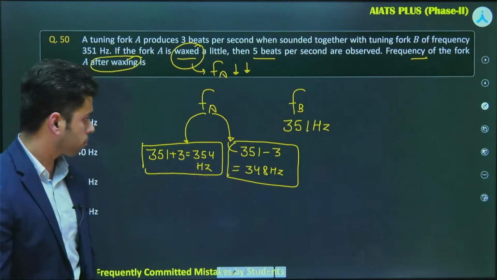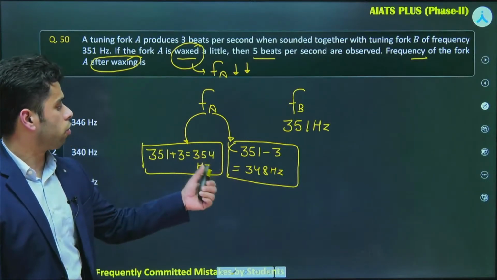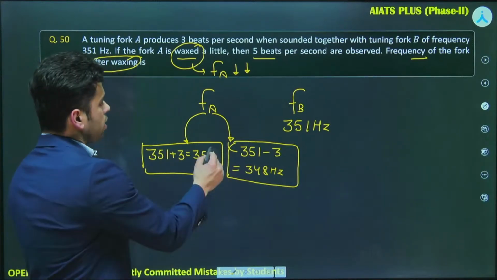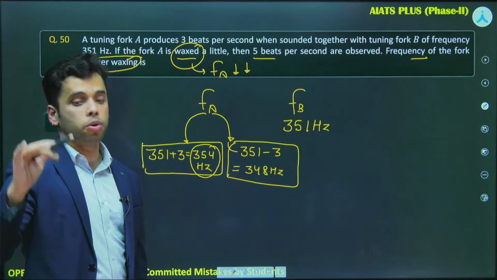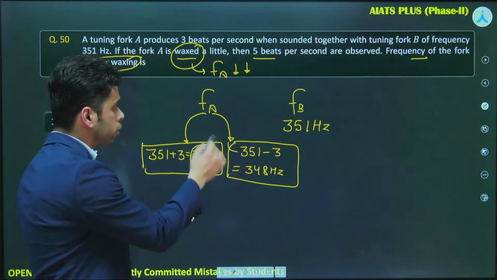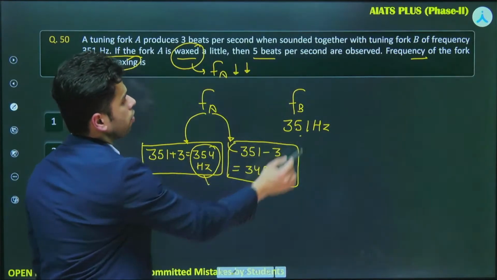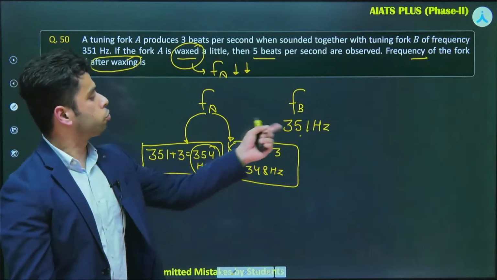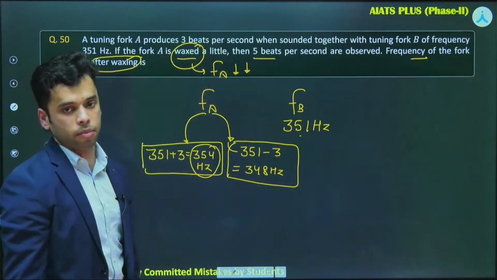Okay, so let's solve the problem. There are two possible frequencies: one is 354 hertz, one is 348 hertz. Now, if I consider 354 hertz as my frequency, after waxing it is going to decrease. That means it will be closer to 351. If 354 is decreasing, it will be closer to 351, so the difference won't be equal to 5 beats per second, right?